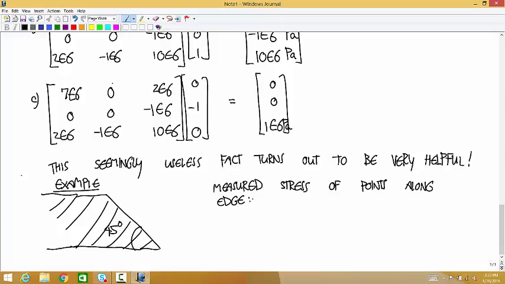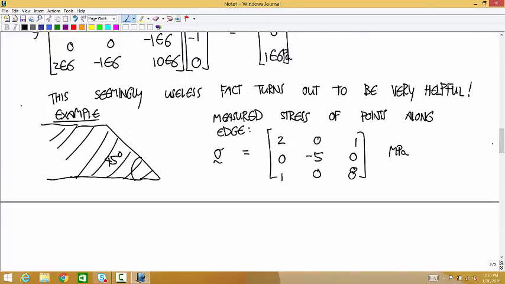And we get 2, 0, 1, 0, negative 5, 0, 1, 0, 8 in megapascals. And the question that we can answer is, what's the distributed load along the edge?